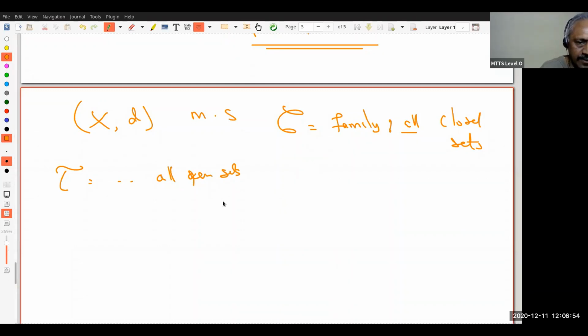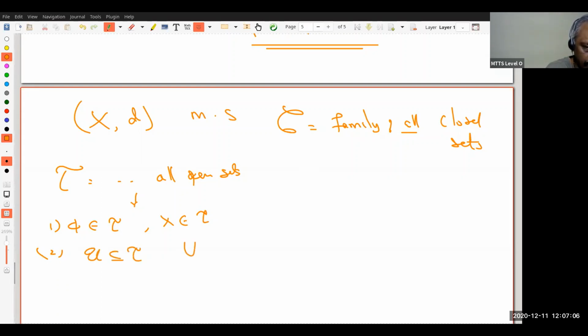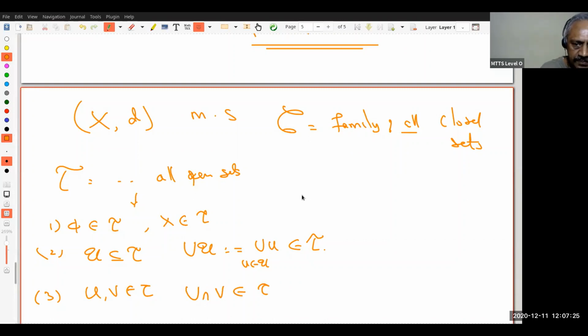We studied the properties. One was the empty set is there and X is also there. Two, if U is an arbitrary collection, the union of U, this is the notation, is again open. And third, when U and V are in tau, then U intersection V is also in the topology, right? This is what we saw in the last lecture.